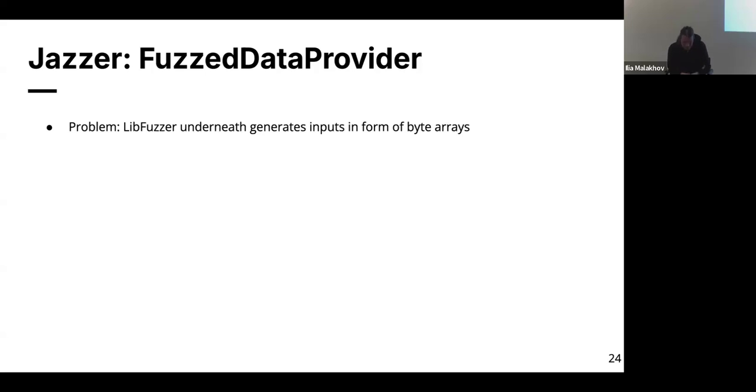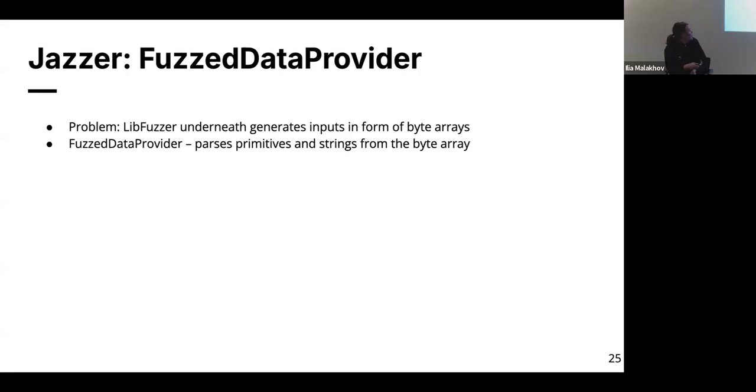Before I dive into the specifics, we need to understand one important thing. When I previously showed an example with the fuzzer generating an integer, internally, this fuzzer doesn't generate integers. Instead, it generates byte arrays, some raw data.